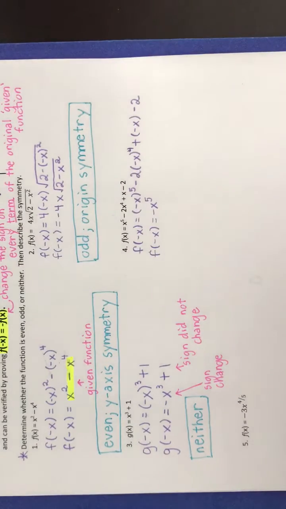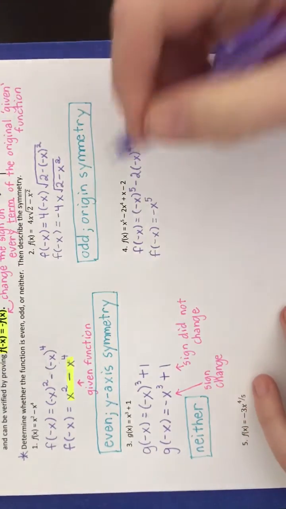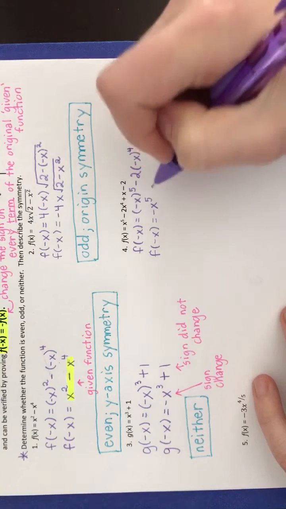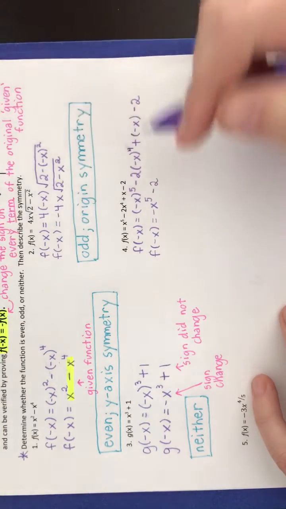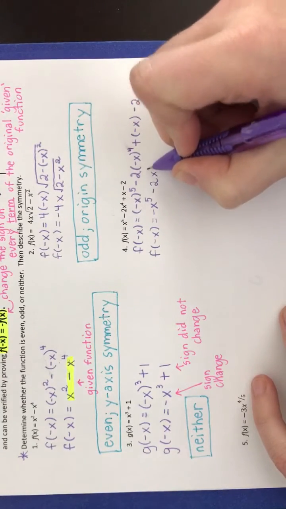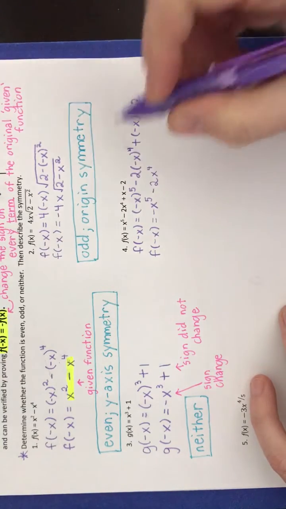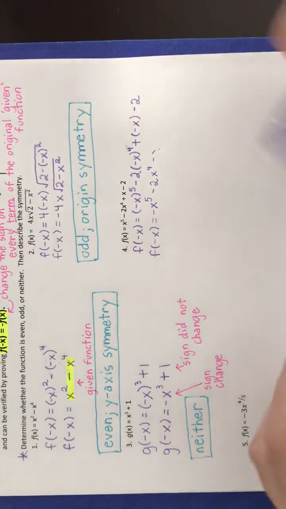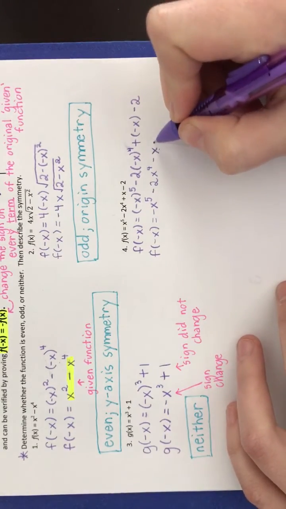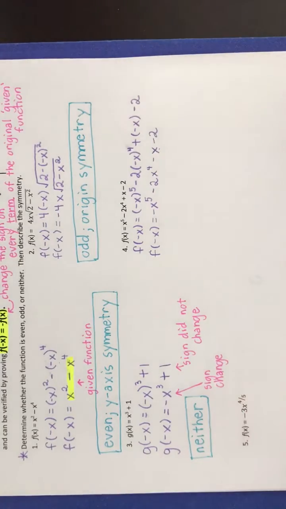That term will remain negative. Here you're going to have negative 2 times, this will become positive x to the 4th. Okay, and then here, of course, that'll just be minus x, whoopsies, minus x minus 2.